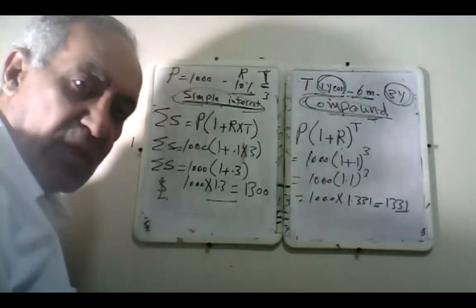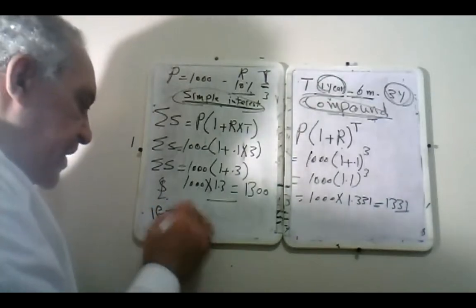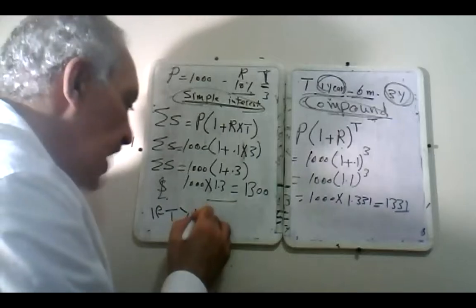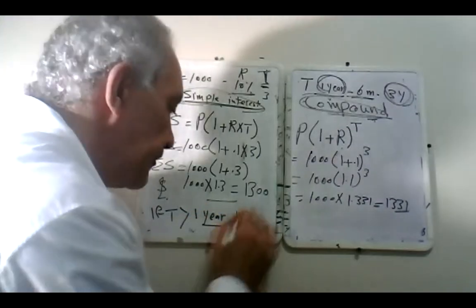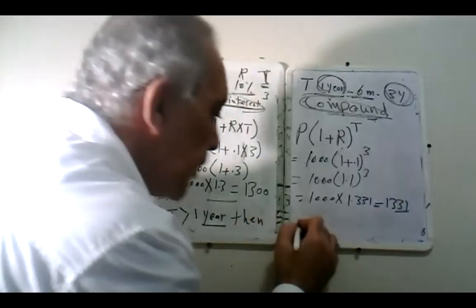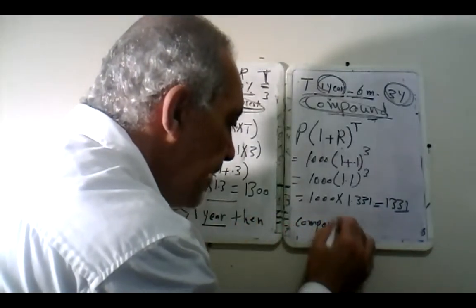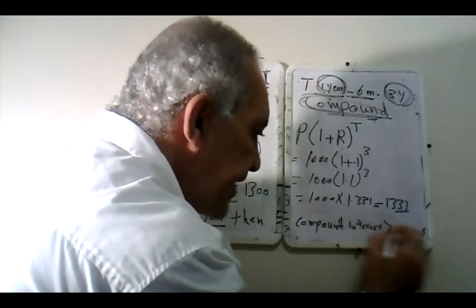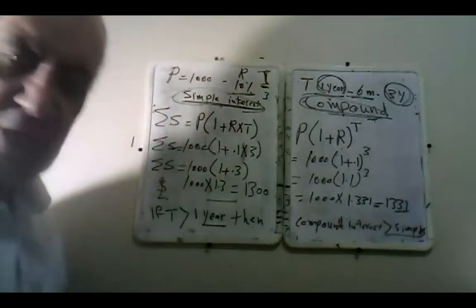So if t, or the time, is greater than 1 year, then compound interest will be greater than the simple interest, like you see.